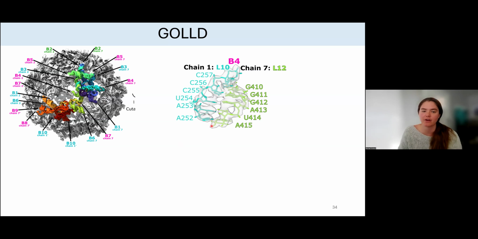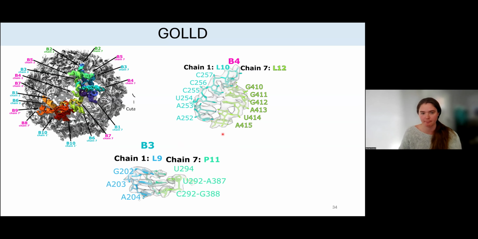They come together and form a pretty long chunk of base pairing. We also have other classic interactions such as B3, which is right over here on top. This is what we call an A minor interaction, when an adenine from one loop comes and interacts with the minor groove of a stem.